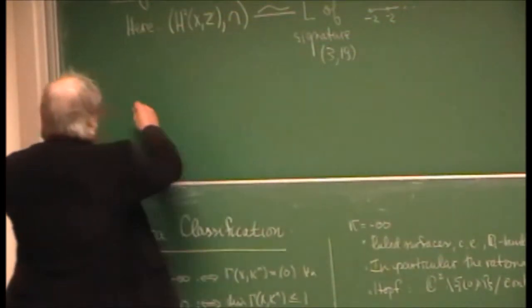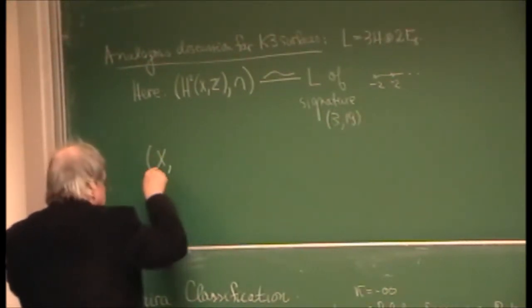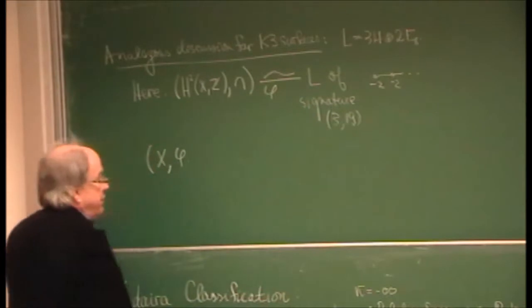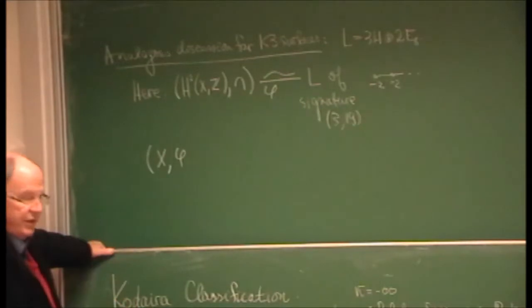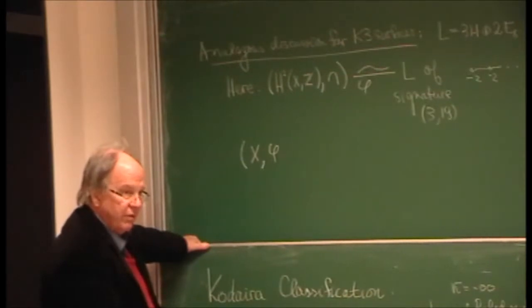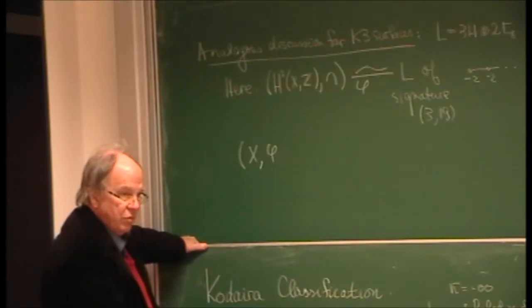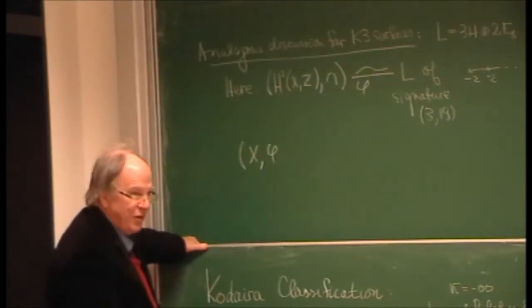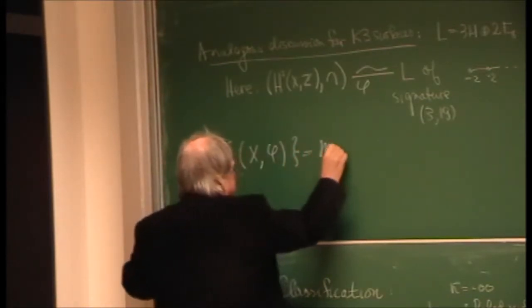So a marked K3 surface X is a K3 surface with an isomorphism phi to the fixed lattice of signature (3,19), which is really 3 times the hyperbolic plane plus 2 times this lattice E8. It's a very well-known arithmetic thing. So this is the set of marked K3 surfaces.